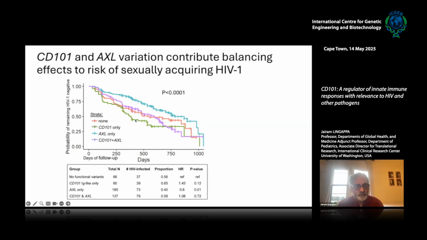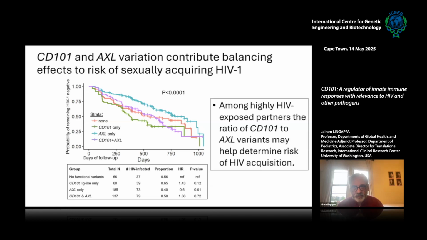People with CD101 variants only had the lowest probability, the highest probability of seroconverting to HIV positive. And people without any AXL or CD101 variants, or with both, showed an intermediate level of susceptibility to HIV. So what this suggests is that among highly HIV exposed partners, the ratio of CD101 to AXL variants may help determine a risk of HIV acquisition.